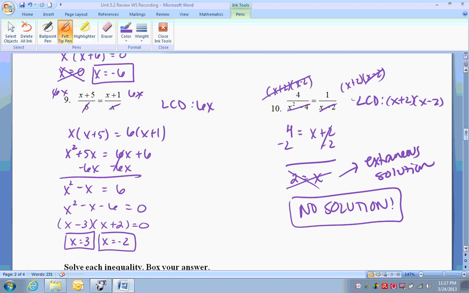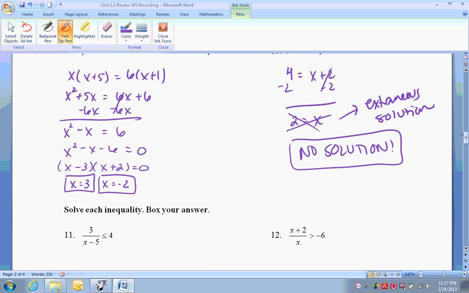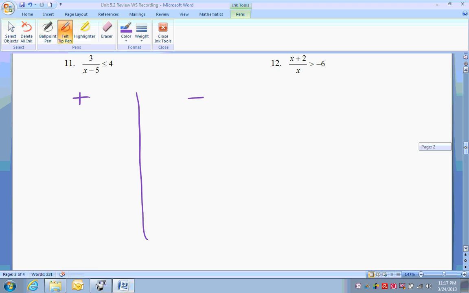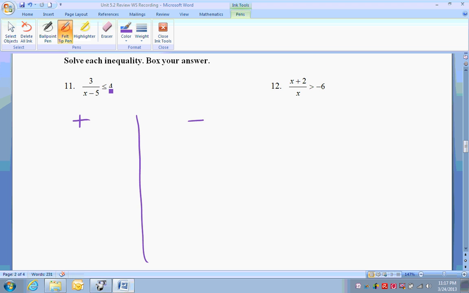Okay, now we are done with all of our equation problems, and we need to move on to our inequality problems. And when solving a rational inequality, you have to set up a little table. If there was not an inequality sign on this problem, we would be multiplying both sides by the LCD, which is x plus 5.